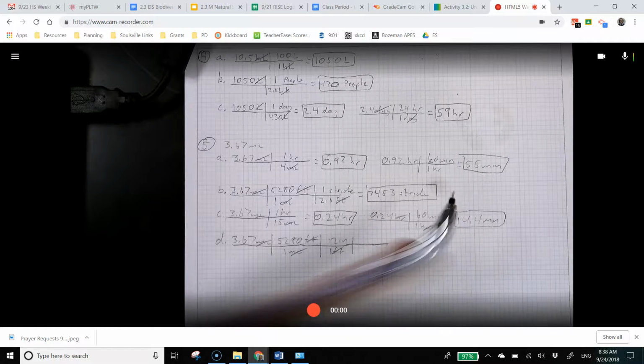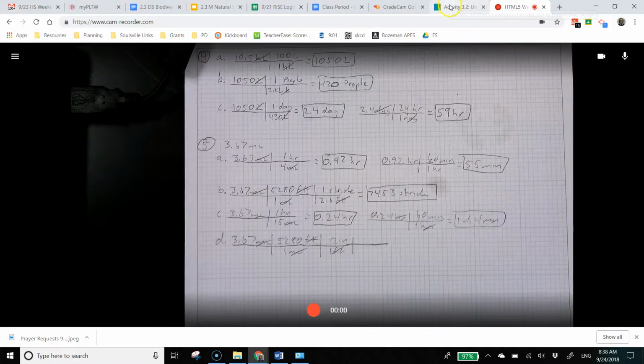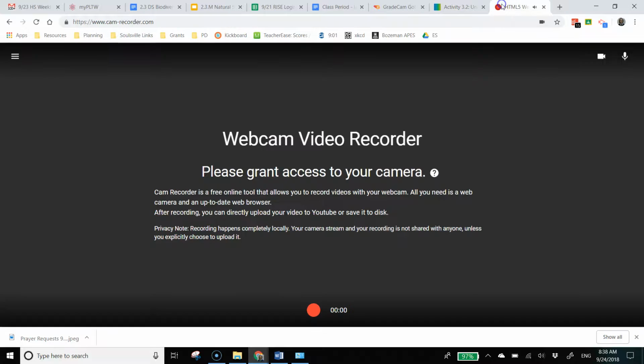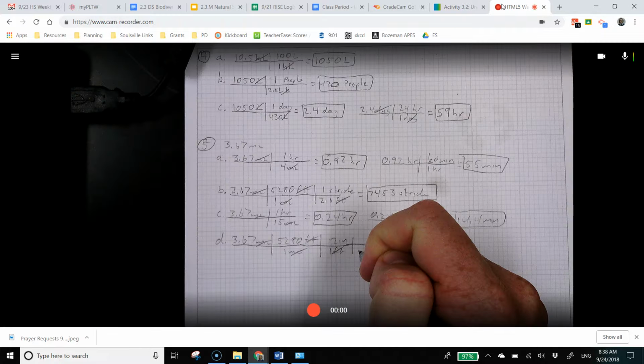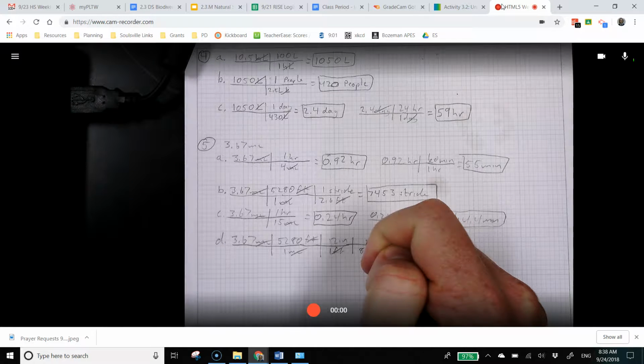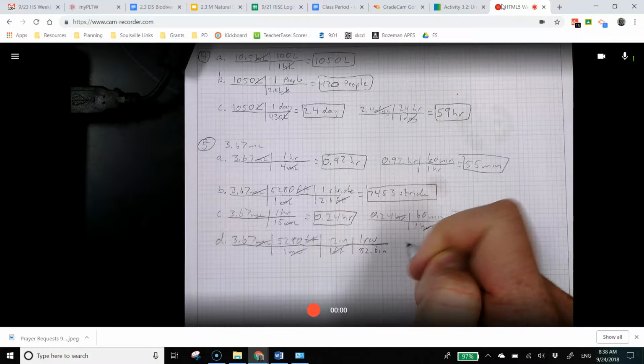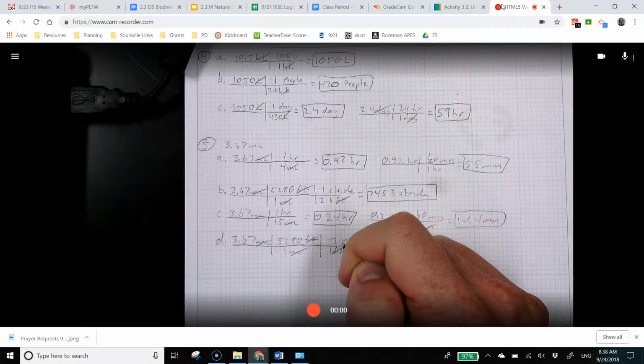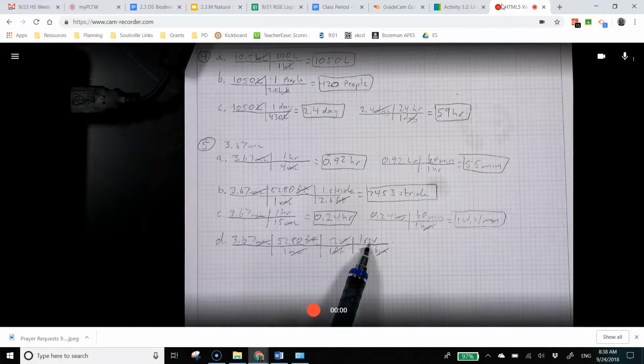And now I need to convert to revolutions. It said 82.6 inches per revolution. 1 revolution. Cross out inches. And now my unit should be in revolutions, which is what I want.